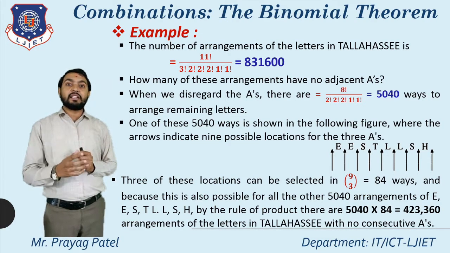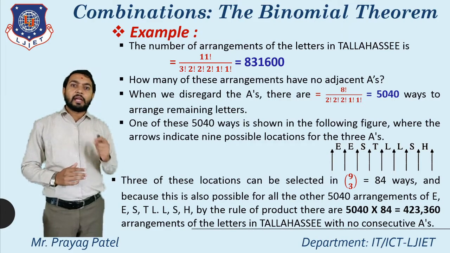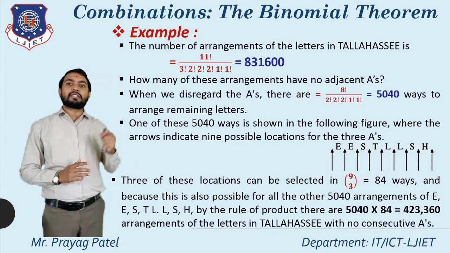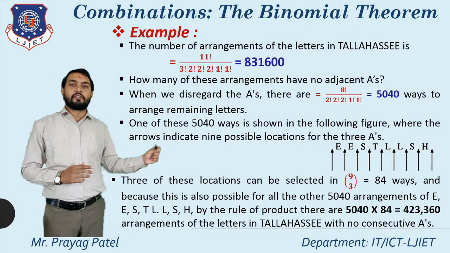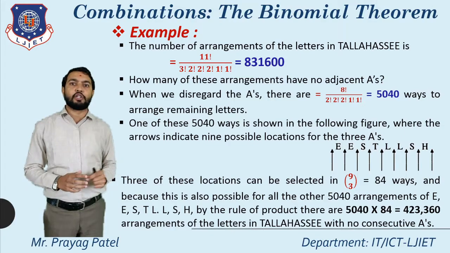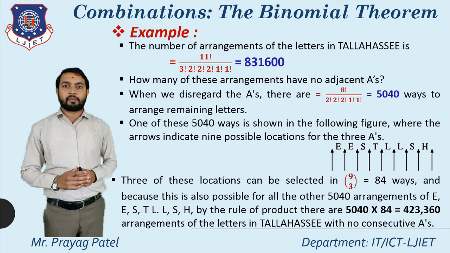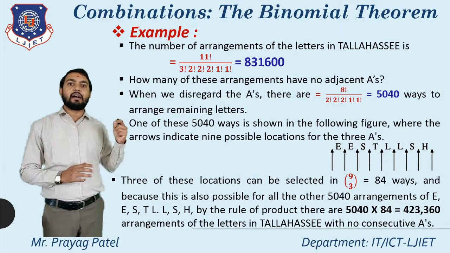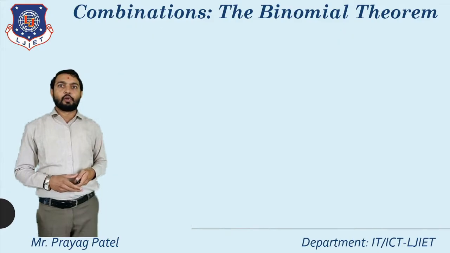For arranging the remaining 8 elements we have 5040, and for arranging the A's we have 84. Multiplying 5040 by 84 gives our answer, 423360 different arrangements possible for the given letters where no A is adjacent. This is a simple example of that.